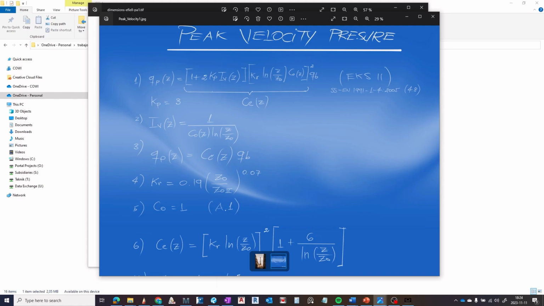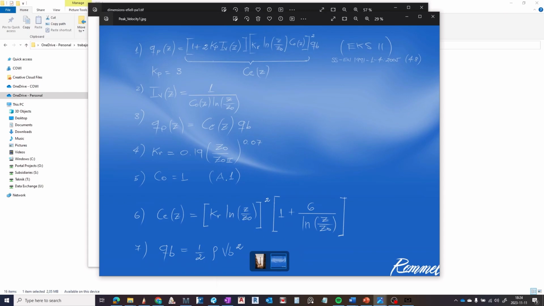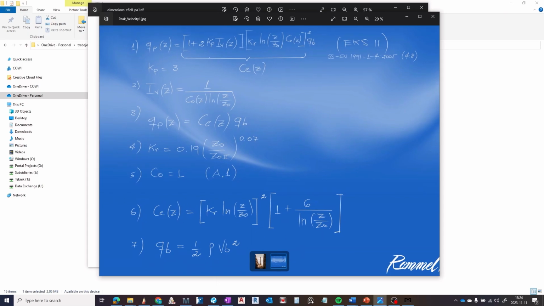Here we have the wind turbulence and other factors that you can find there. So the main purpose of this is to find this factor, which is very useful, and you can replace values and do it by yourself and find the wind pressure, the same as I have done here.